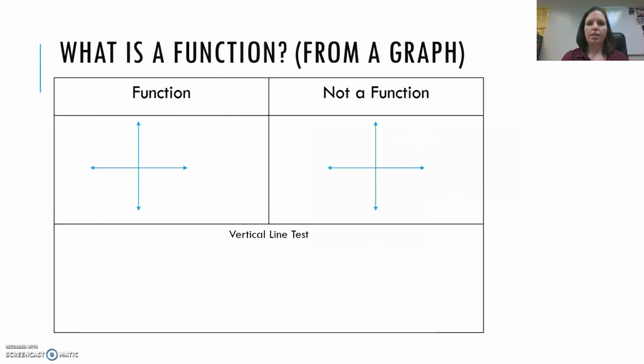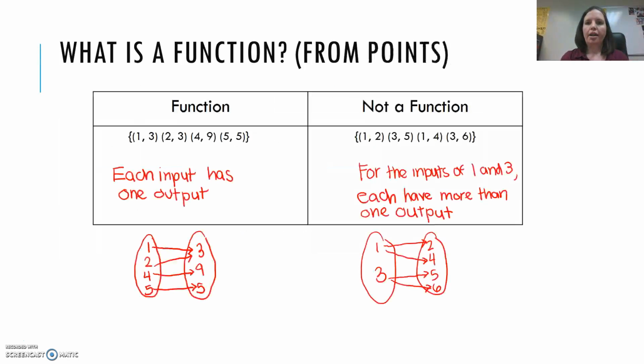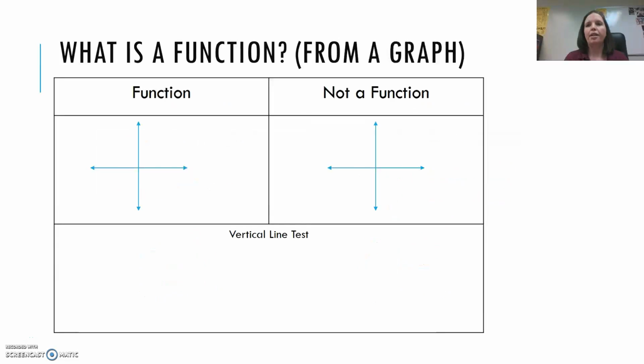Sorry, skipped ahead. You want to identify the specific numbers that are causing you the problem case, is what the gizmo referred to it as. But 1 and 3 are the problem case that cause us to not have a function here, because those inputs each have more than one output. And the mapping diagram you can see is a little bit helpful with this.